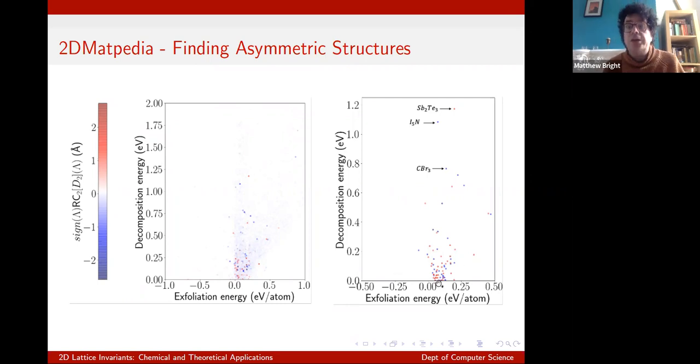Typically in the literature, I've seen it quoted that you want about 200 MeV for exfoliation to work, and you don't want it to be negative. Also, decomposition energy is harder to talk about because it depends on the structure and the solution and the surrounding energy, the context in which you're making the molecule.